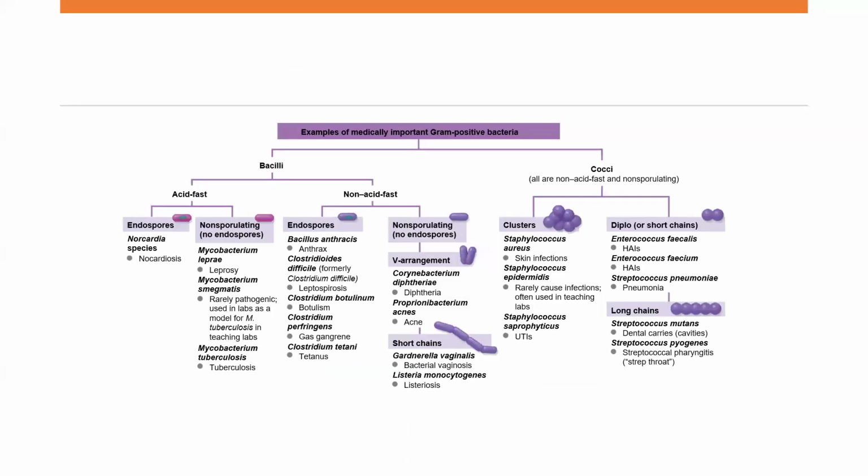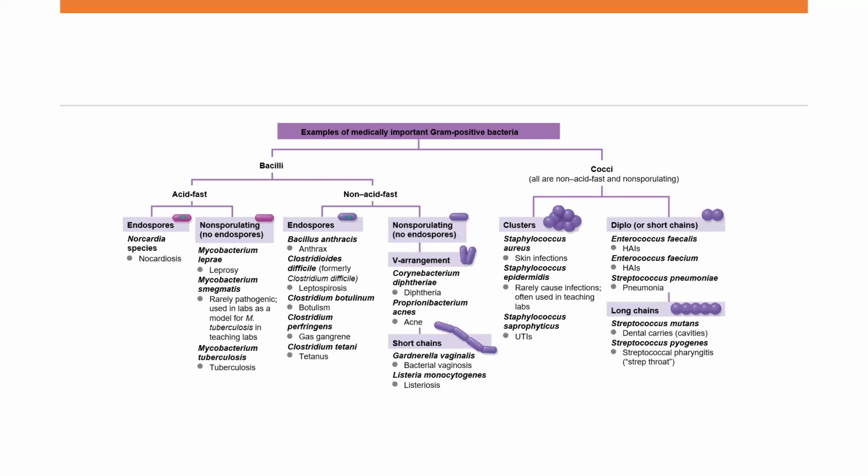Here are examples of our different gram-positive clinically important organisms. These, of course, are going to include the acid-fast and non-acid-fast organisms. We'll talk a little bit more about acid-fast in the lab lecture. And then you're going to have some important organisms.